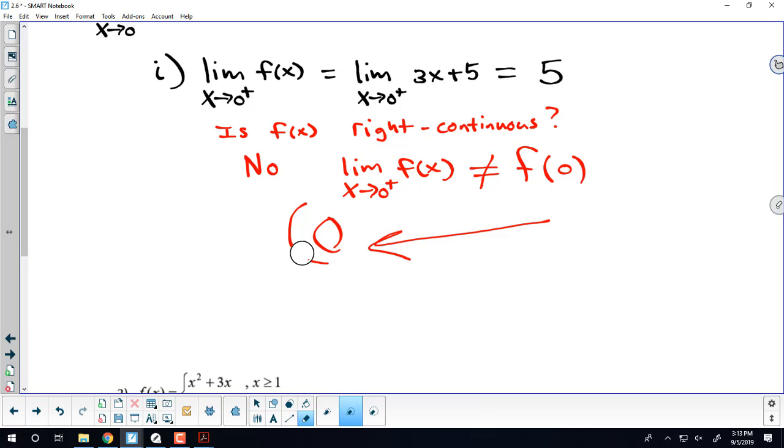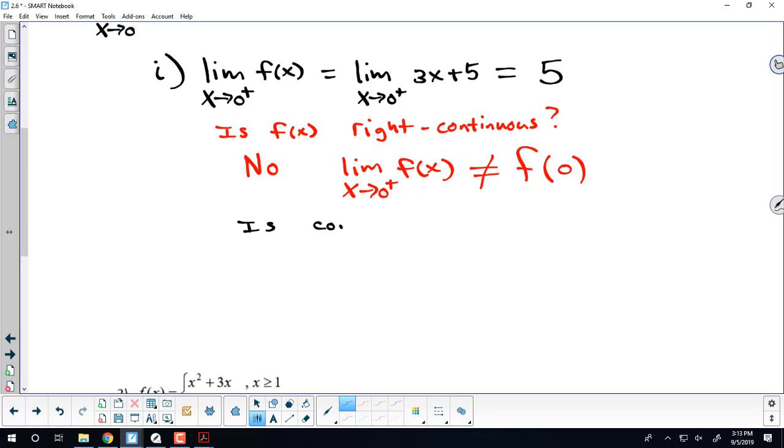So what we're saying, the implication here is, it's not right continuous at 0, but it is continuous on the interval 0 to infinity. So in other words, I can approach 0 from the right, but right when I get up to that value of 0, the limit isn't the function value.